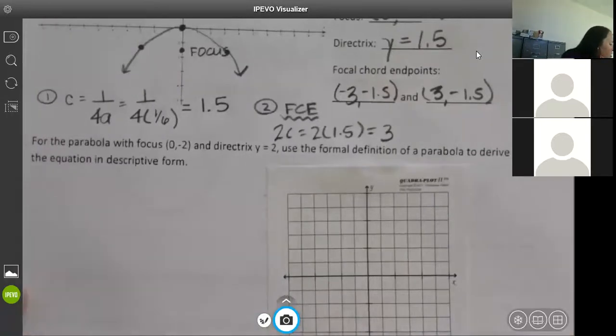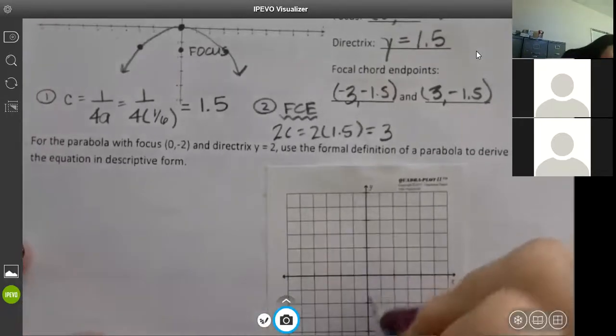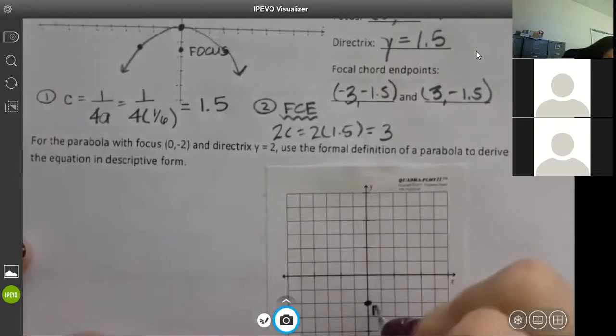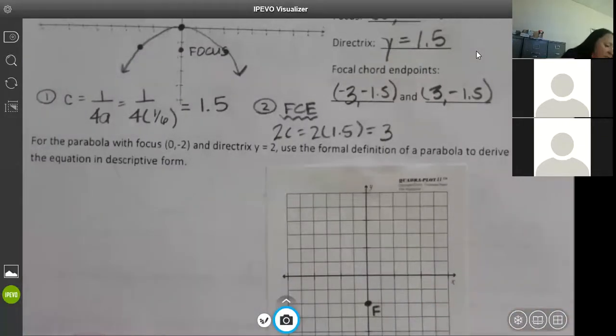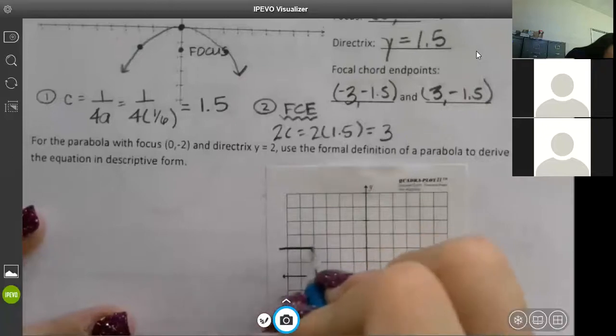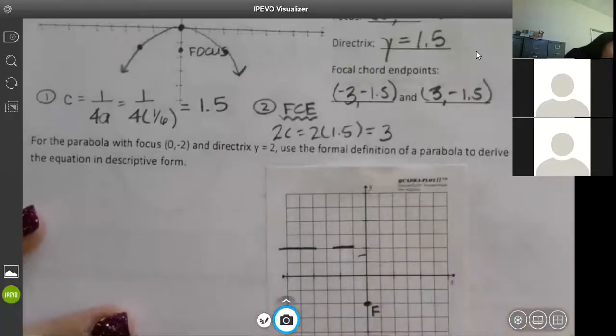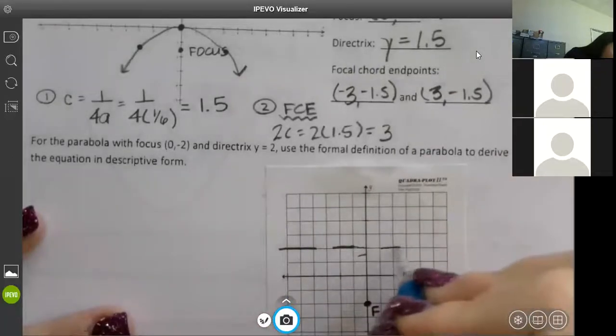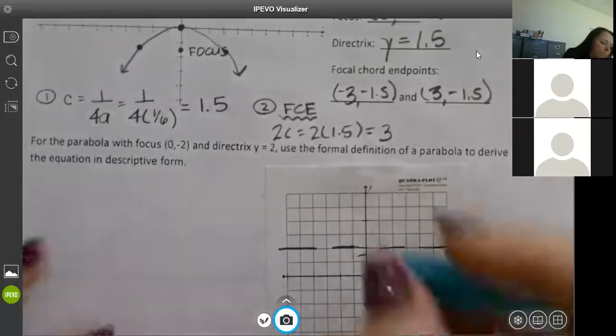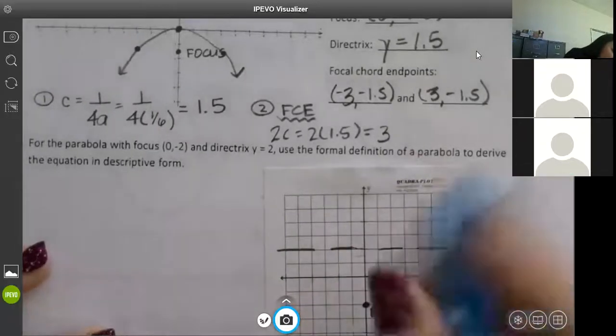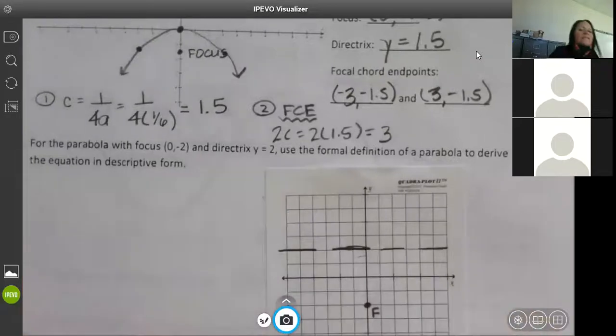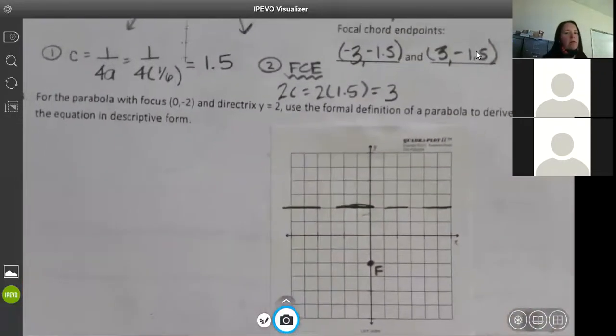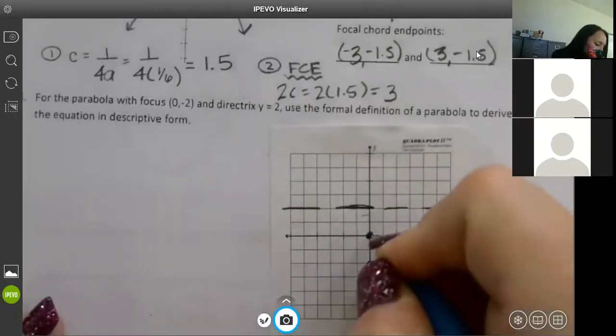All right. So we have a focus at 0, -2. And we have a directrix at y equals 2. What is that going to help us with? Where is your vertex? It's going to be right in the middle.